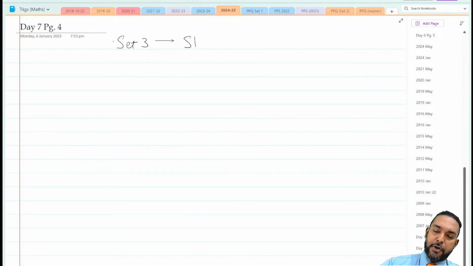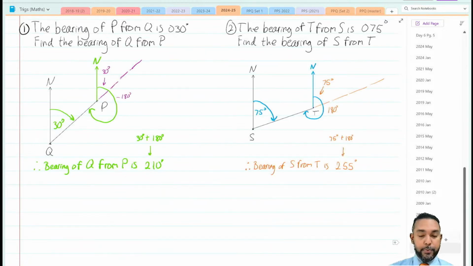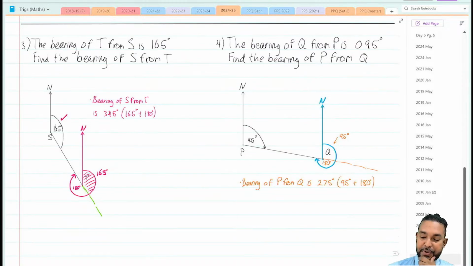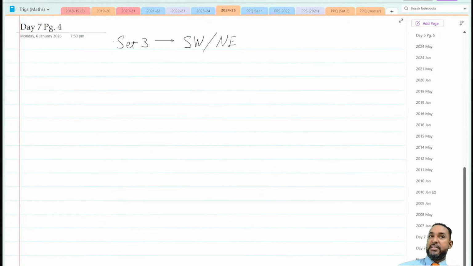So now we're talking about southwest to northeast. In the previous 2 pages, we initially went east and had to go back west. Now we're actually heading west first and having to go back east. All right, so example 3.